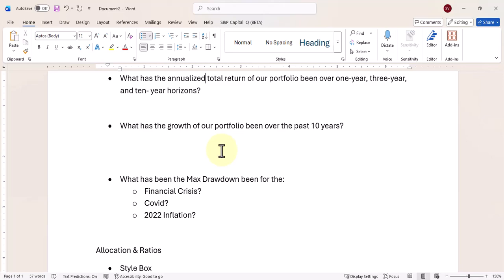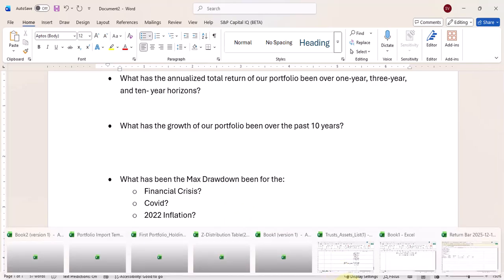The market has come back in each case, but if we are restricted on the percentage that we can withdraw, that could create a problem if we need a certain amount of cash quickly after the issue in the market has occurred. So we're going to take a look here and see what the drawdown was for each of these different scenarios for both our portfolio and for the S&P 500.